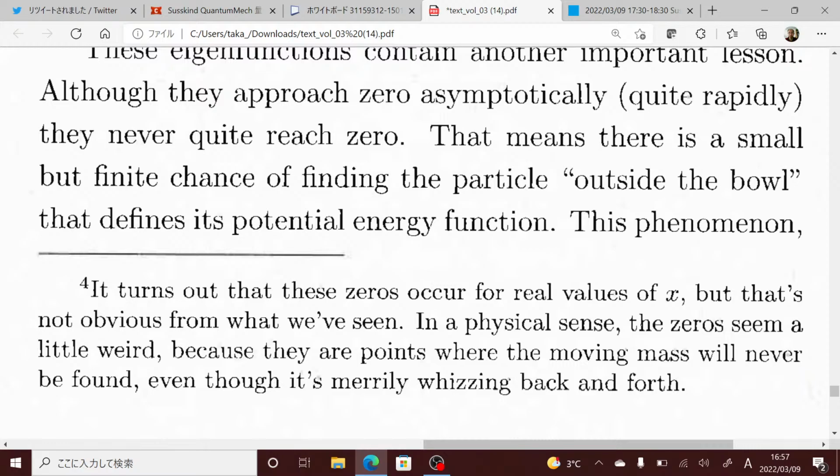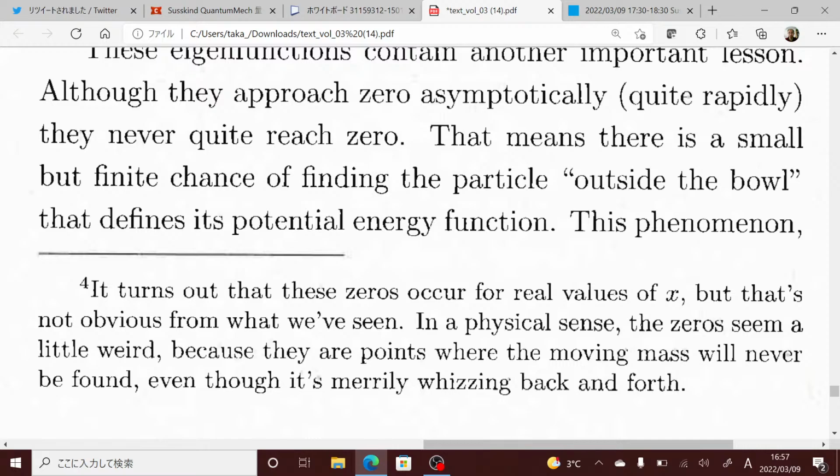I don't understand it. It turns out these zeros occur for real values of x, but that's not obvious from what we've seen.